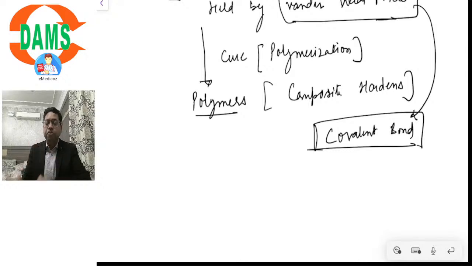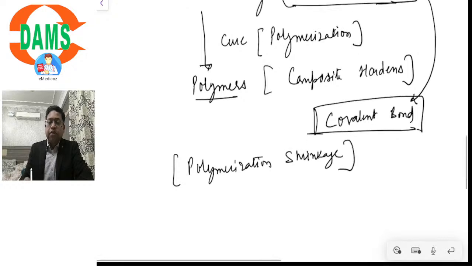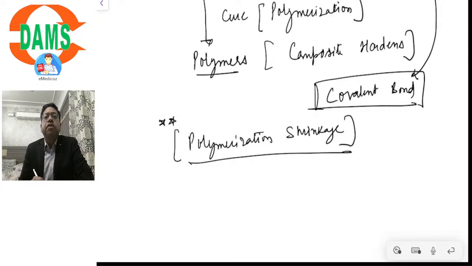When they convert from van der Waals forces to covalent bonds in the polymer, there is a huge polymerization shrinkage. You should always remember that this polymerization shrinkage is the principal disadvantage of resin-based restorative materials, because they shrink upon polymerizing. When they shrink, they tend to pull themselves away from the tooth surface.